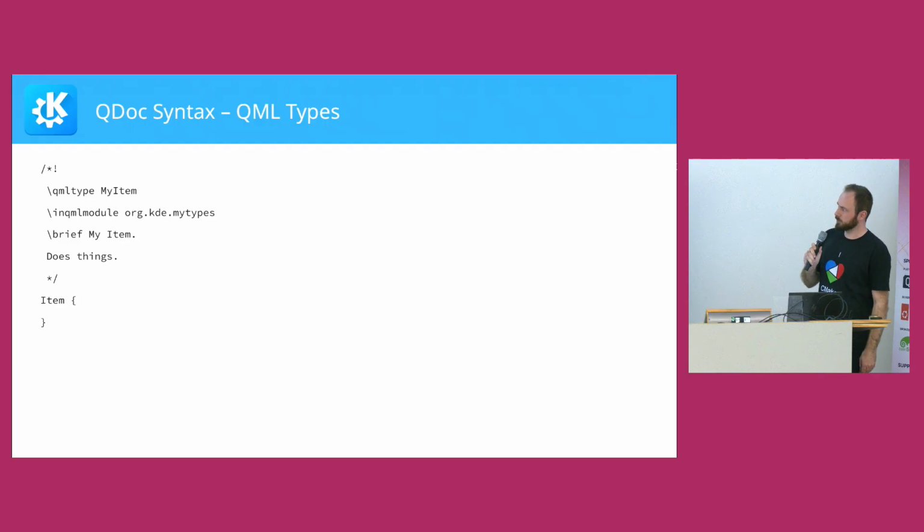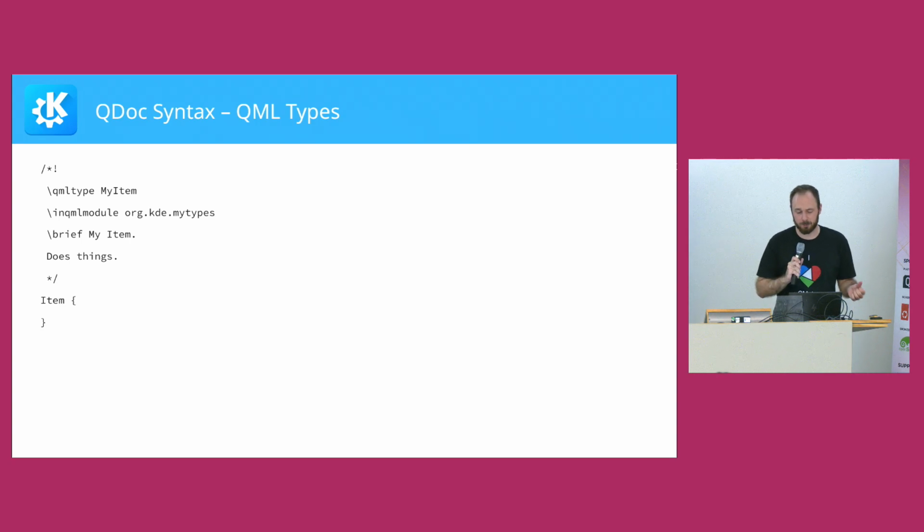Now, 90% of the reason we're doing all of this is because we want to properly document QML API. So how does that look? Instead of \class, we have \qmltype here. We give it a name. And then we have \inqmlmodule, where we say which module this type belongs to.